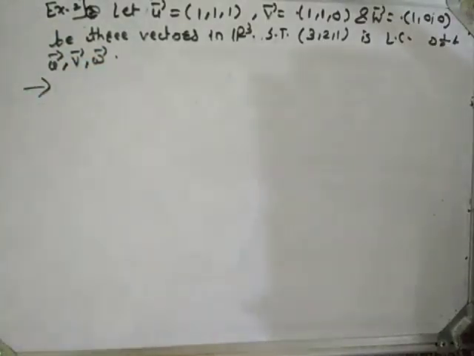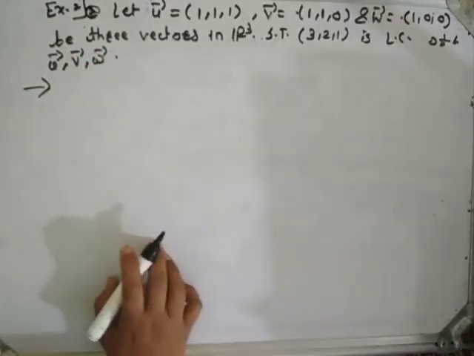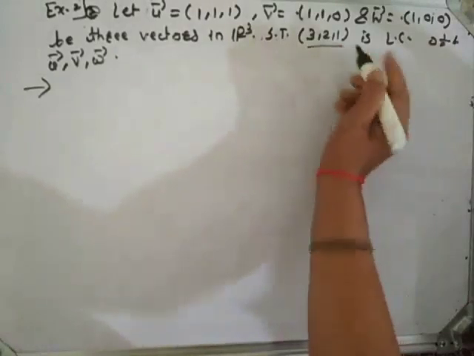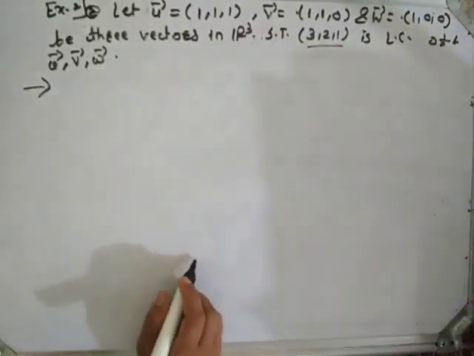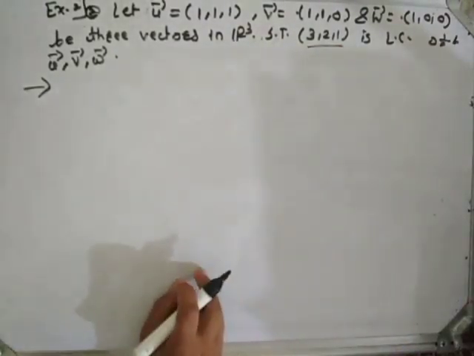Solution. See here students, we have been given u bar, v bar and w bar, three vectors in R3. We have to show that this vector is a linear combination of u bar, v bar and w bar.